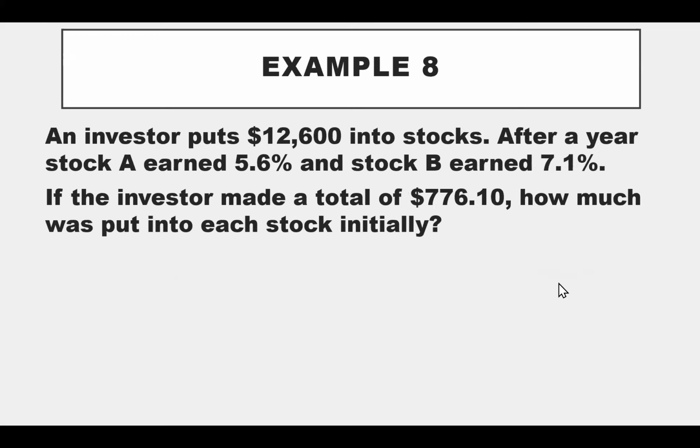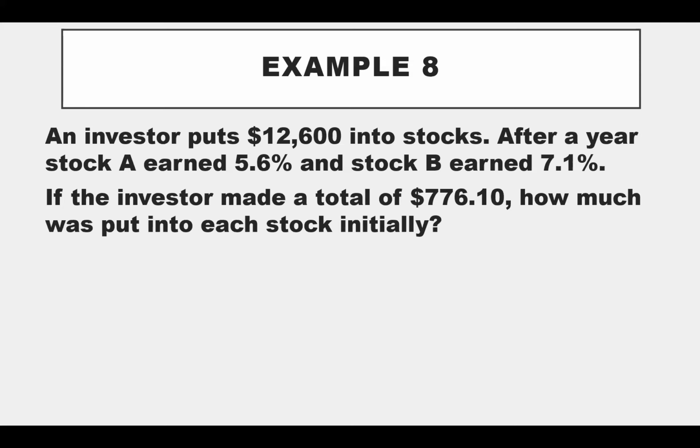Let's do one more example. Let's say at the beginning of a year, an investor puts in 12,600 into stocks. And then he doesn't know exactly what's going to happen. But after a year, stock A earns 5.6% interest and stock B earned 7.1%.